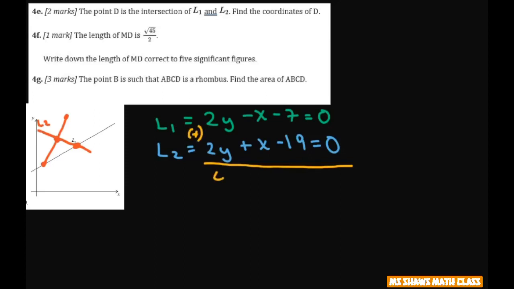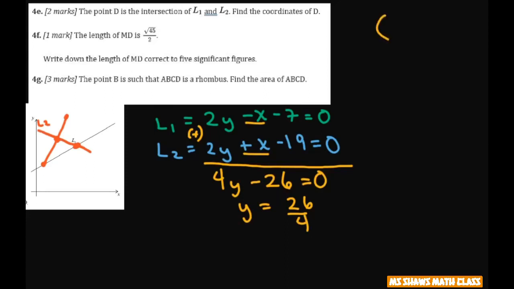So you add it, you get 4y. The reason it's easy to add is that it eliminates the x. This is called the process of elimination. So 4y minus 26 equals 0. So y equals, move the 26 over and divide by 4.